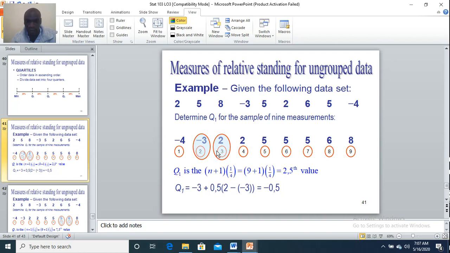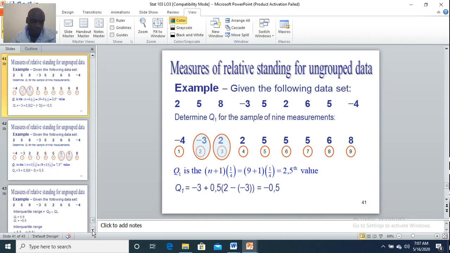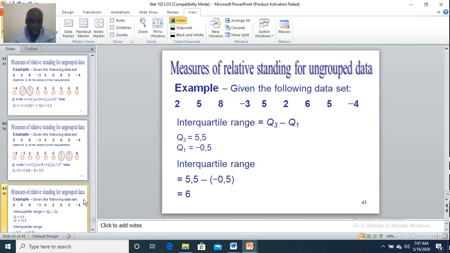So it's minus 3 plus 2, we get minus 1, divided by 2. That's our quartile. If we find the third quartile, meaning 3 quarters of n, we found it to be 5.5, minus the lower quartile, so we can find what we call the interquartile range.